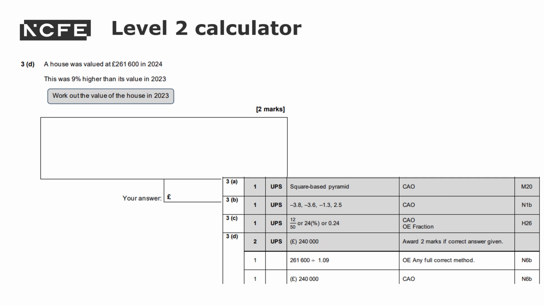This was 9% higher than its value in 2023. Work out the value of the house in 2023. So just because there is a context doesn't mean it's not assessing underpinning skills. That is what is being assessed here. It's just that context helps your learners to make sense of that question and to see that it is an original value after a percentage change question.